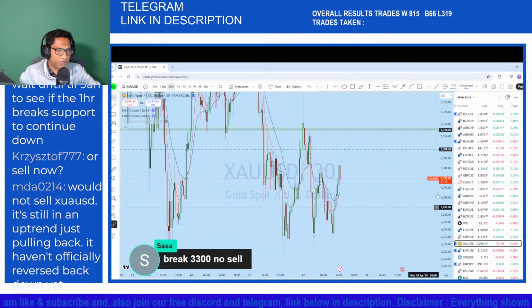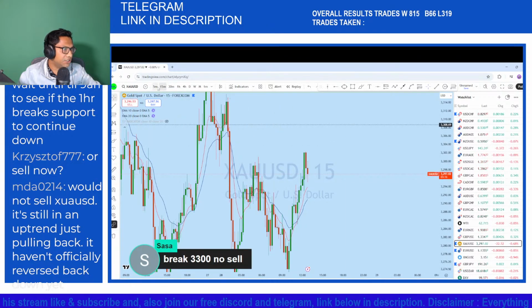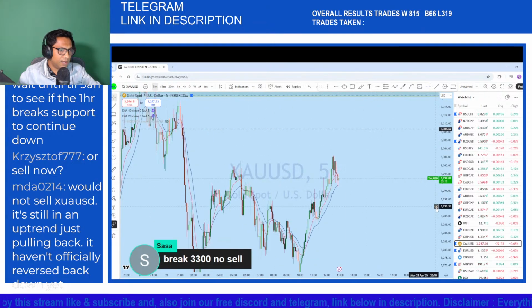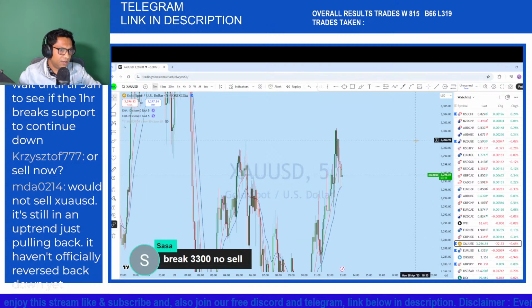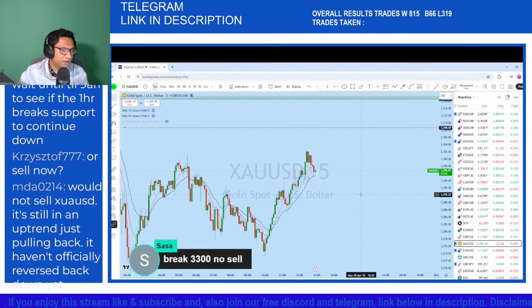So there is a 30 minutes price action where the candlestick pattern is having a possible reversal here.